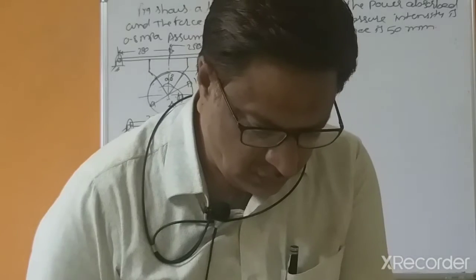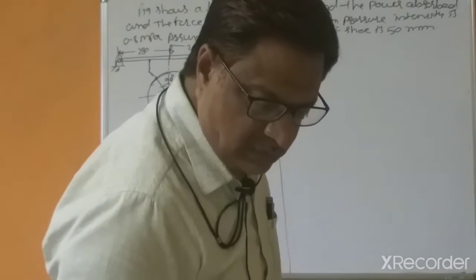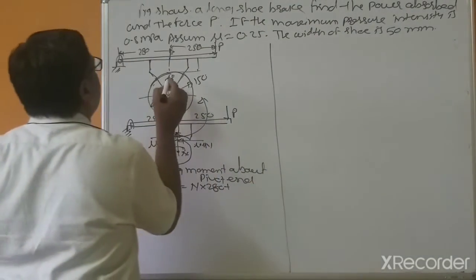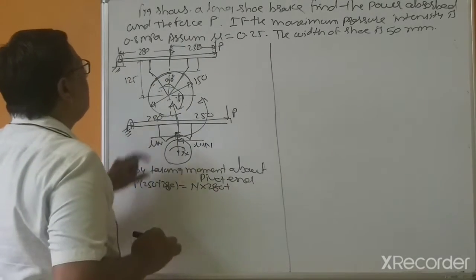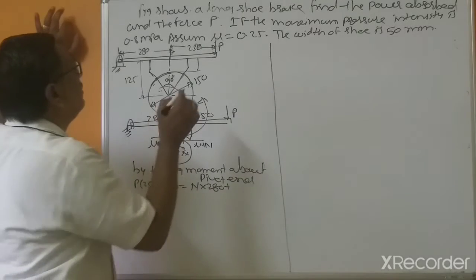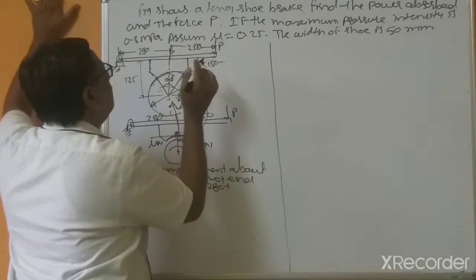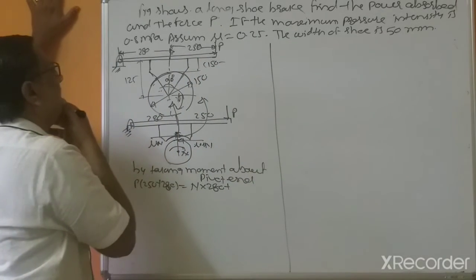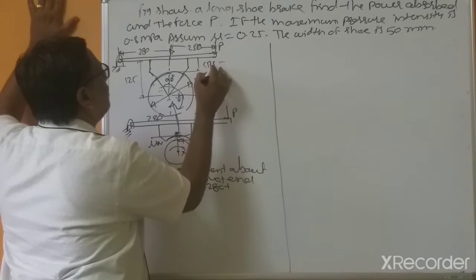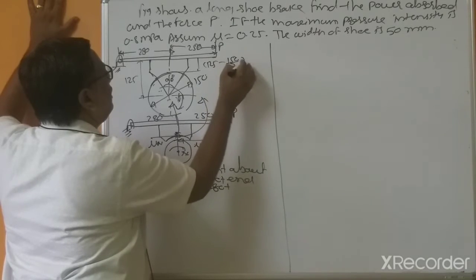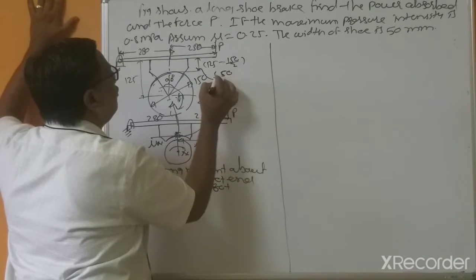This is equal to 125. So this 150 means this is 75. So this is 125 minus 150 divided by 2, which equals 50 mm.